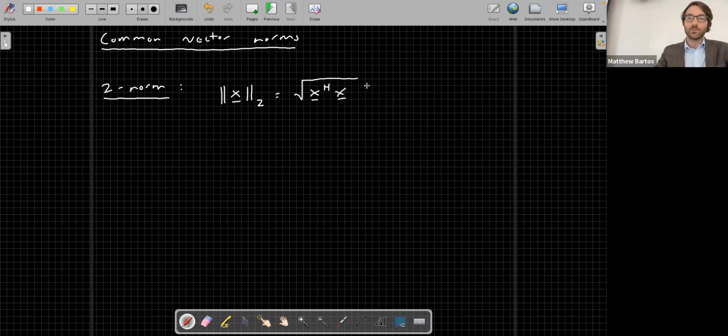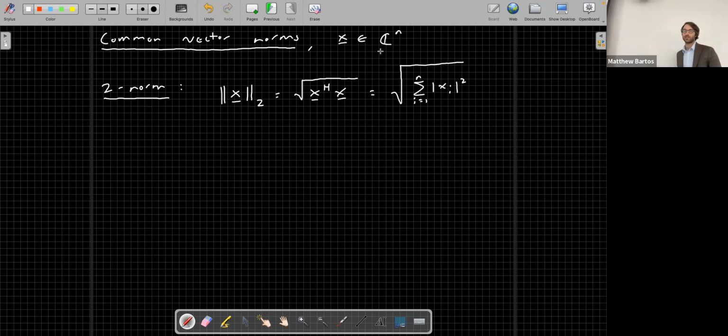Which is also equal to the square root of the sum of the elements from i equals 1 through n of the absolute value of x_i squared. So note this is x in C^n. It's equivalent to taking the inner product of a vector with itself and taking the square root.